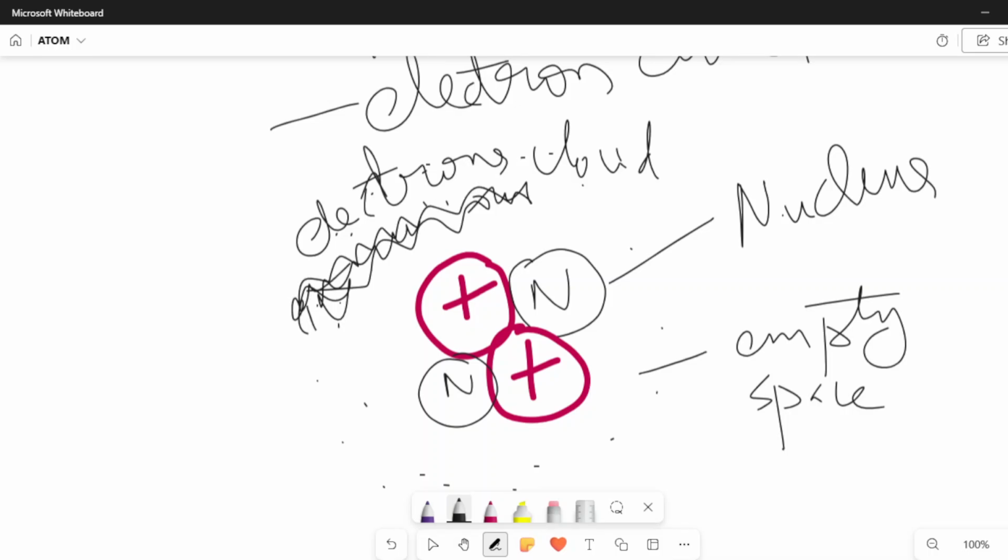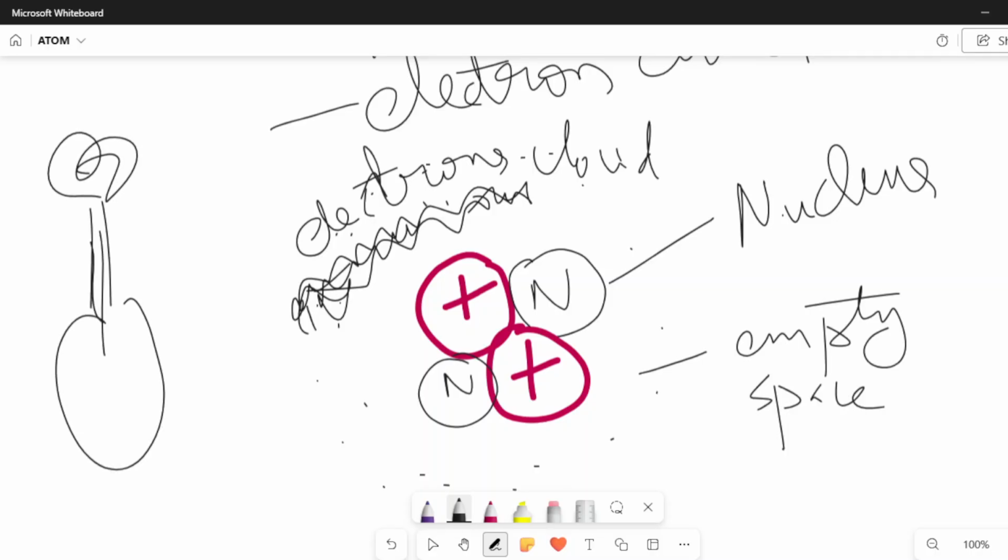For example, you have a guitar. When you vibrate the string, what happens? Your string is vibrating like this, in the form of waves. So these electrons are not present as particles, unlike protons and neutrons, which are present as particles. Electrons are present as waves around this nucleus.